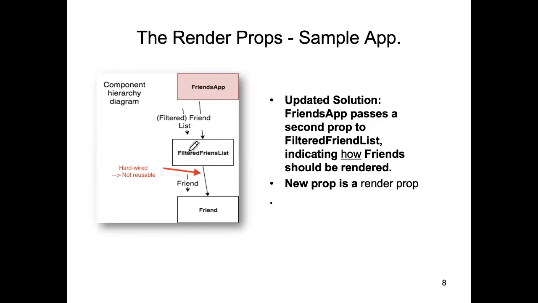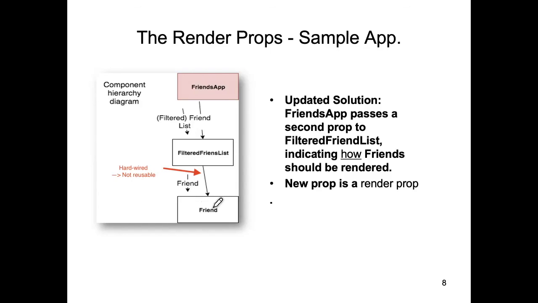And that was reflected in the code. If we actually looked at the code for this component here, at the very top, it had a static import of the component corresponding to how a friend was rendered. It's static, right? It can't be changed outside of changing the code.